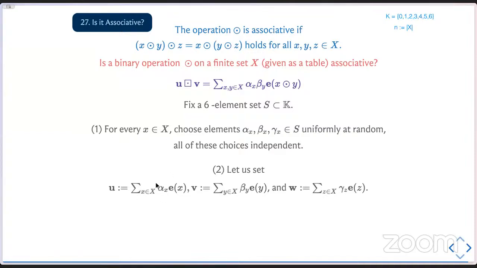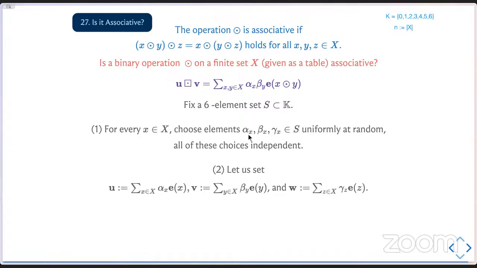Remember that we have 4 of these basis vectors in our example, right? So for U, we are going to weight those basis vectors with the alphas. For V, we weight the basis vectors by betas, and for W, we weight the basis vectors by the gammas, okay?